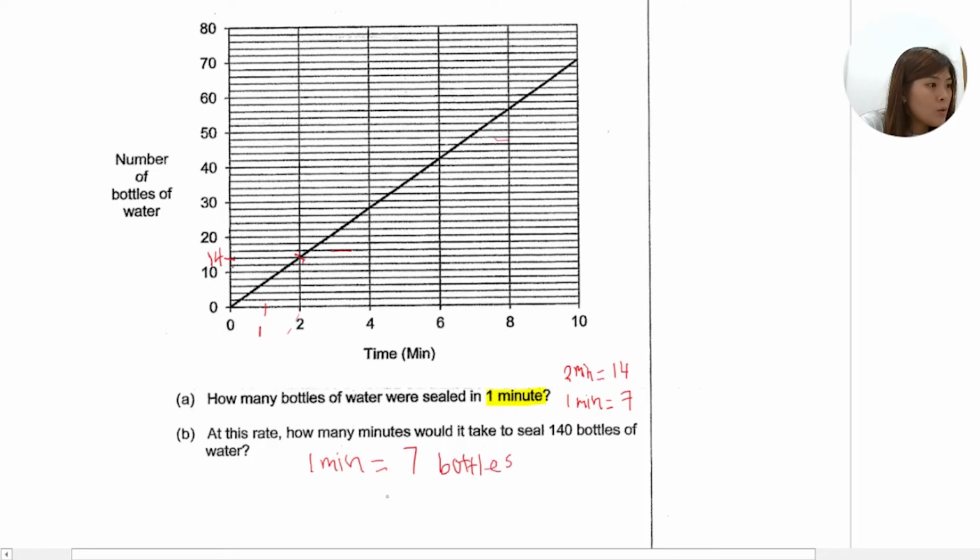Okay, so for 140 bottles, how long will it take? Okay, to do that, you take 140 divided by 7. And this gives you 20 minutes.